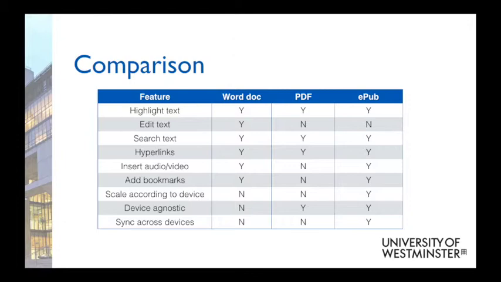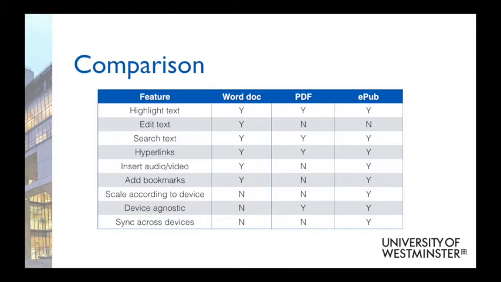Scale according to device is particularly important when we consider that we will be accessing these three different kinds of digital content on different devices. It is also particularly important when we consider accessibility. We may want to change the size of text and expect the content of a document to change accordingly.